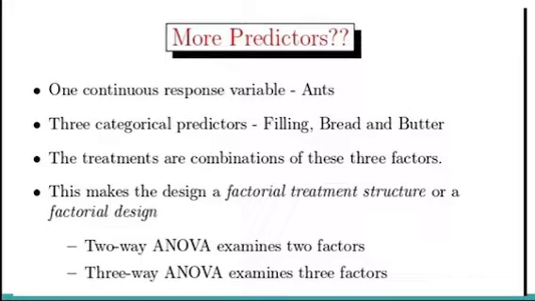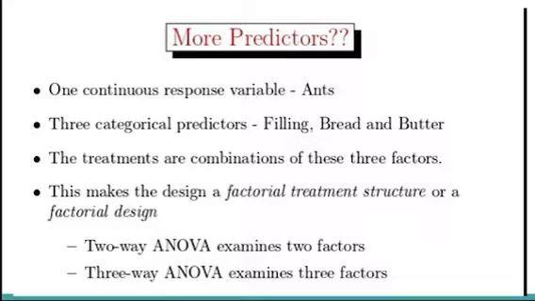What if we also need to put into consideration the type of bread? Maybe ants don't just go to a particular bread. Maybe they have a preference for other breads. What about the bread that has butter or not? We are going to have treatments that are combinations of these factors.